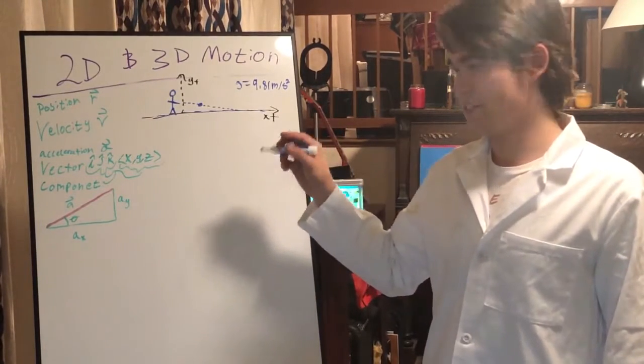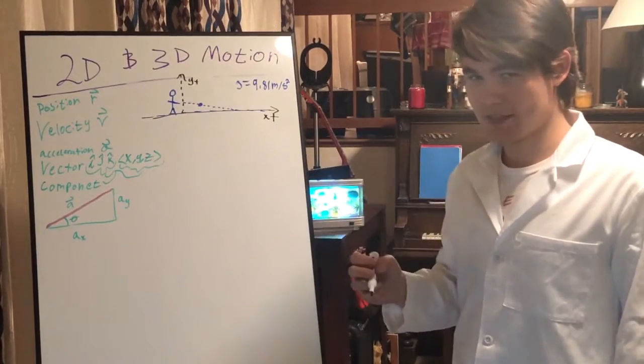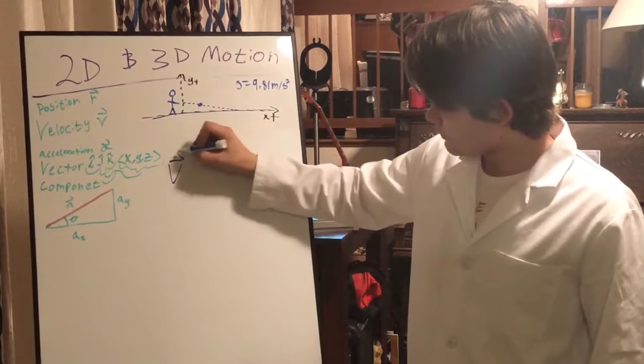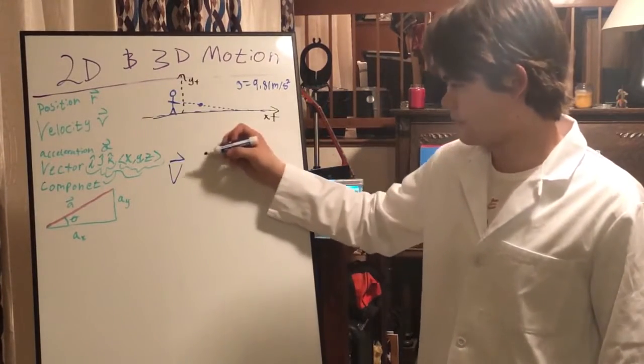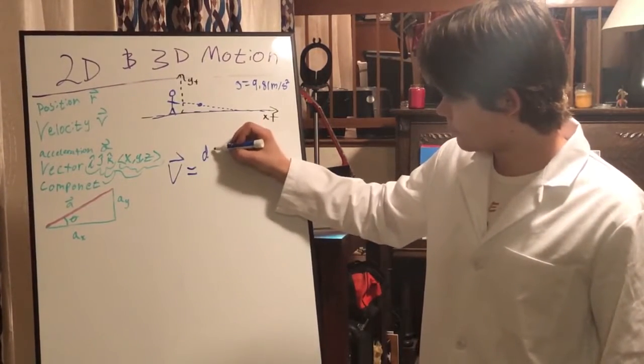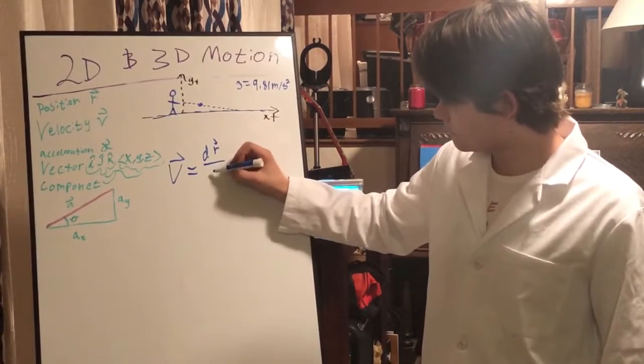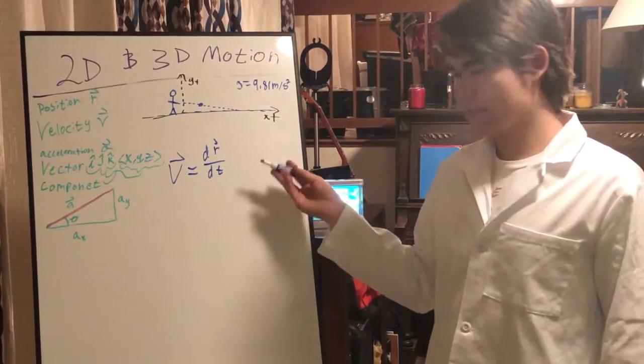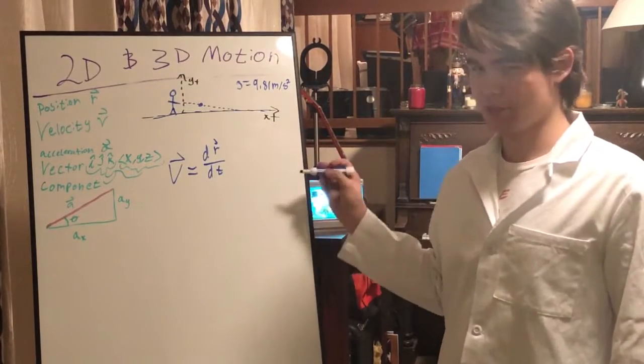The velocity vector is the change in the position vector over time. For those of you who've taken calculus before, you have an idea of what I'm talking about. It's a derivative. That arrow represents that it's a vector. It is the change in position over time. So whatever the position is, the velocity represents how that changes over time.